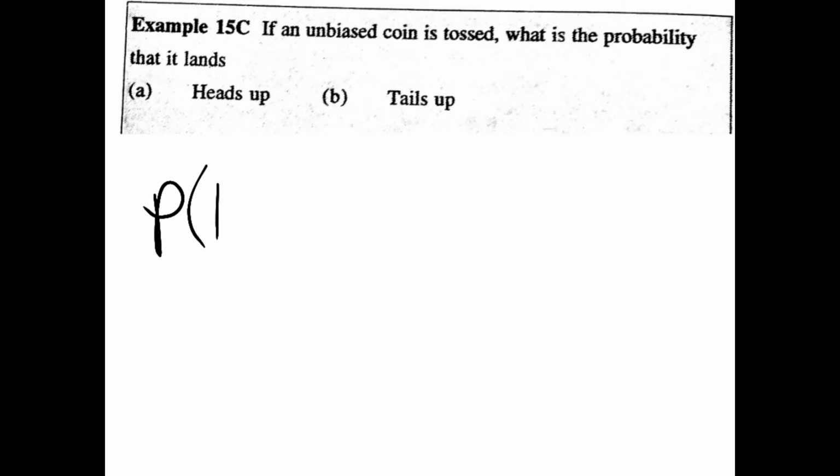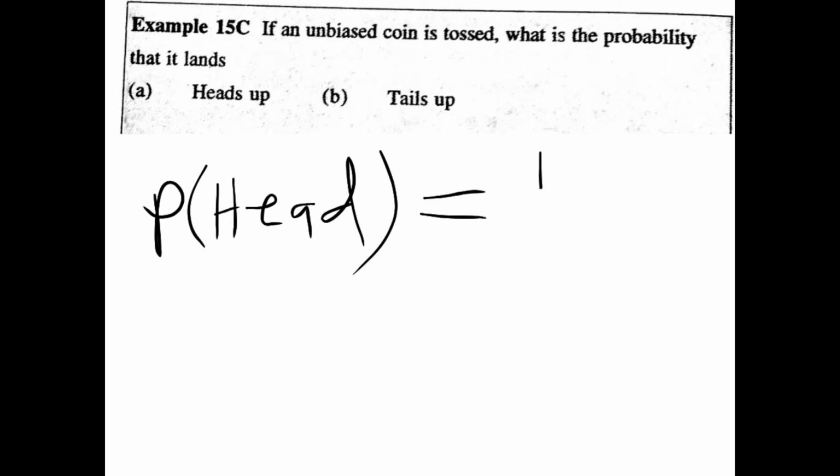So we're going to say our event happening is head. That will be equal to the favorable outcome, 1, over how many sides does a coin have? 2, which is 1 over 2 or half, or anything equivalent to that, such as 0.5, will also be accepted. Okay, so that is how we can find the probability. What is expected to happen is that the head is going to land face up, or otherwise the tail will land face up.